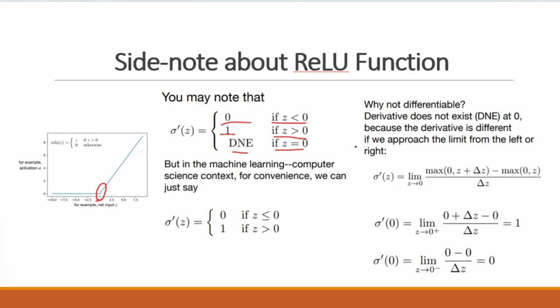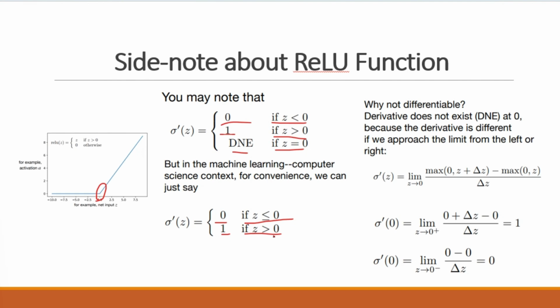In computer science, or in the computational context, we are not that picky. We just make a small adjustment. We adjust the derivative as follows: it is 0 if z is smaller than or equal to 0. That's just adding this smaller-or-equal sign to fix this issue. And otherwise it's 1 if z is greater than 0.